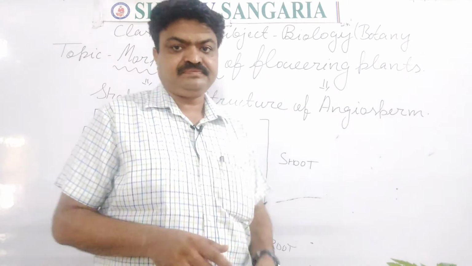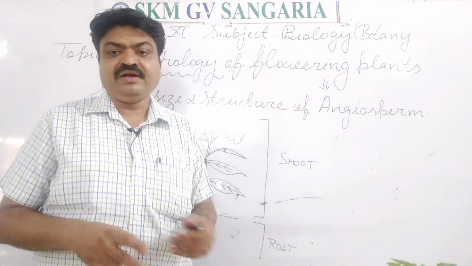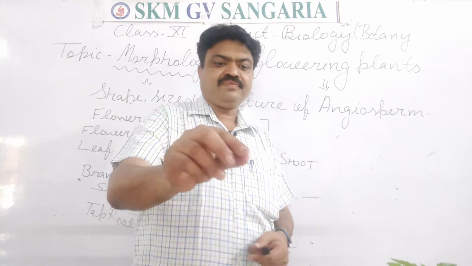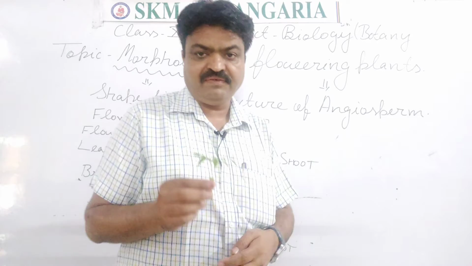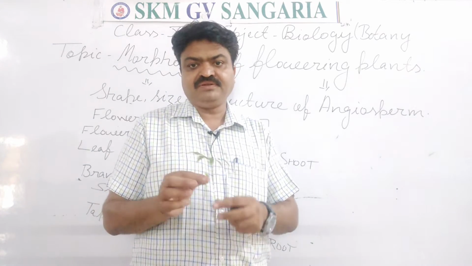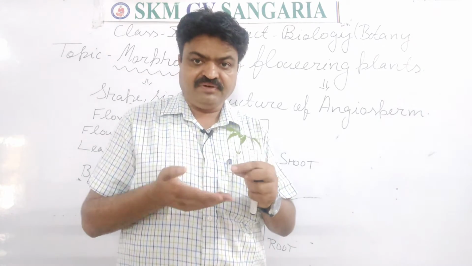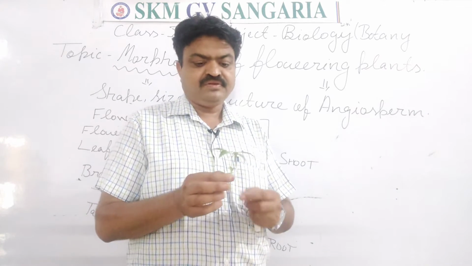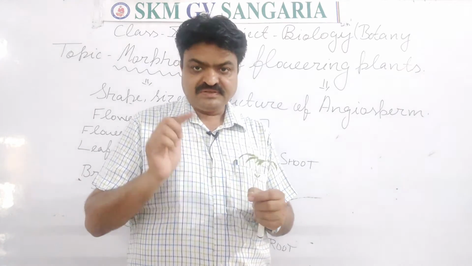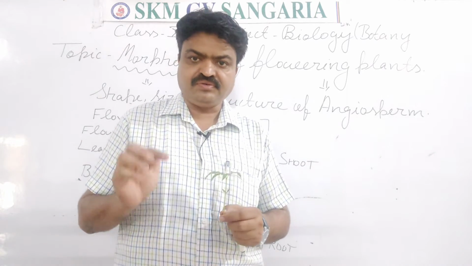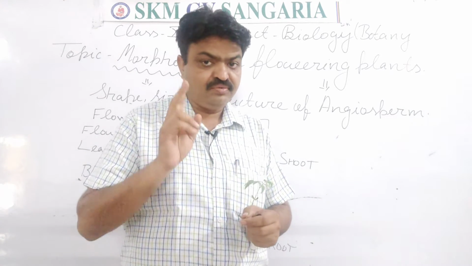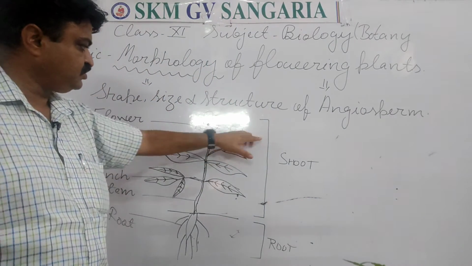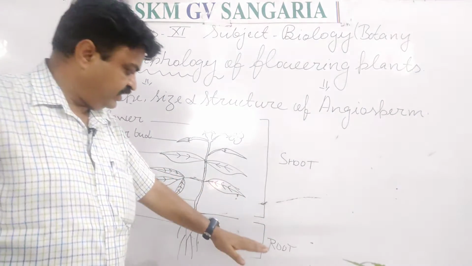Mainly these flowering plants have two parts, students. In the morphology they cover two parts. First part is shoot, second part is root. These two parts are found in the flowering plants. First is shoot, second is root.